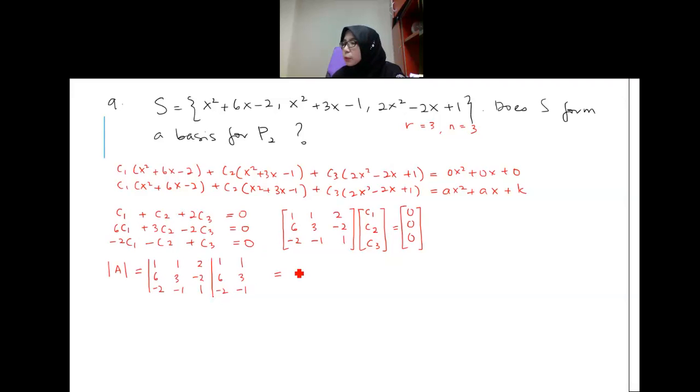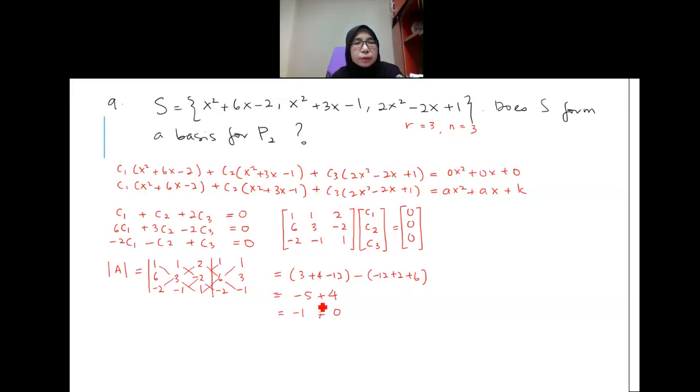The bottom part is 3 plus 4 minus 12. Then minus top: negative 12 plus 2 plus 6. So the answer is negative 5 plus 4. The answer is negative 1. So negative 1 is not equal to 0.